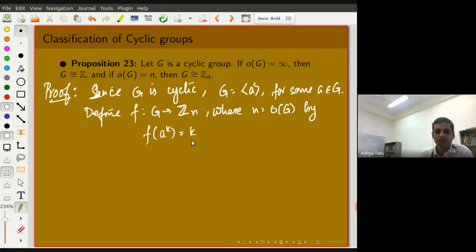Do I need to sort of do this? Of course, I'm not saying this is wrong. So once I tell you what f does to the generator of the group, and if I say f is a homomorphism, then isn't that enough?